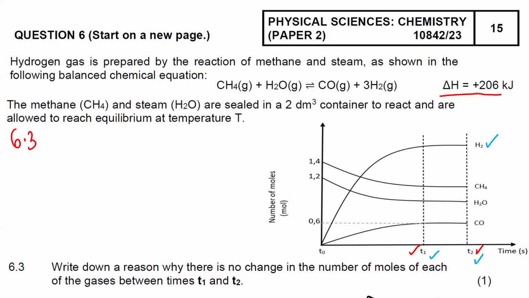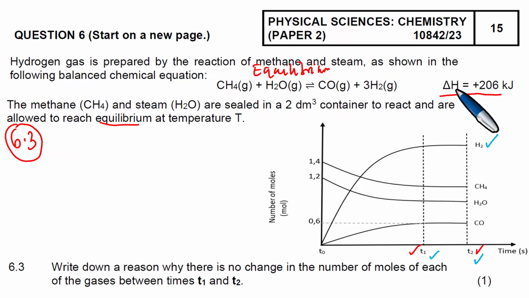Why are they level, these graphs? Because we are looking at a reaction that is in equilibrium. How do we see that this reaction is in equilibrium? It proceeds in both forward and reverse directions. And this reaction is allowed to reach equilibrium at a temperature T. We know that when we study reactions in equilibrium, something is very important.